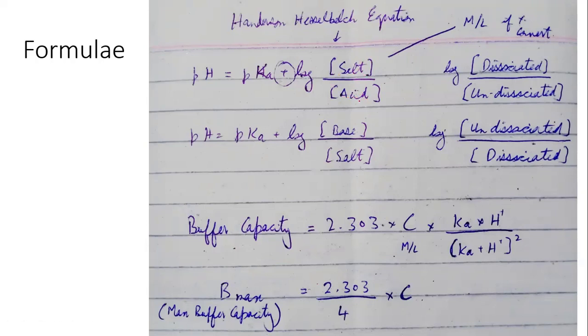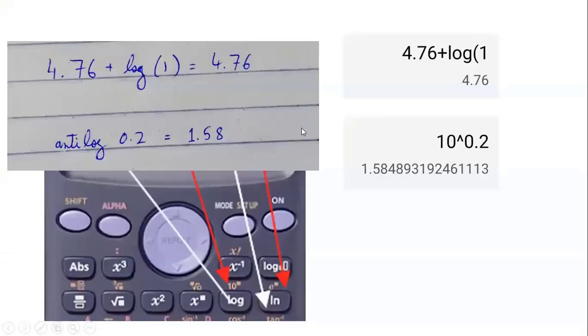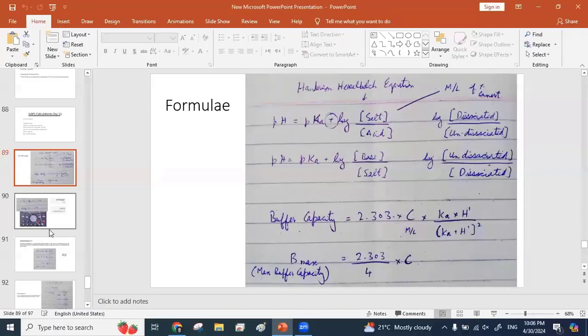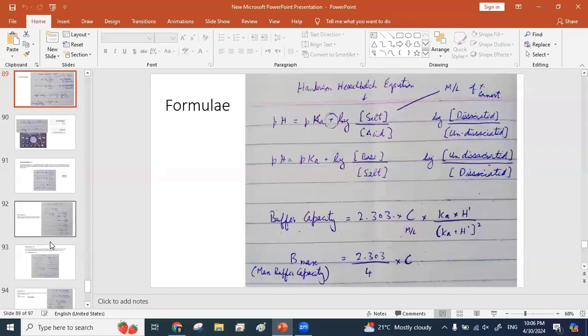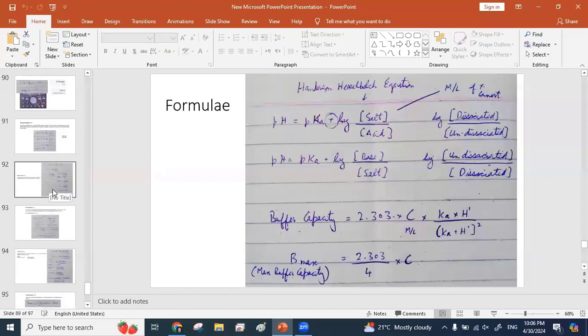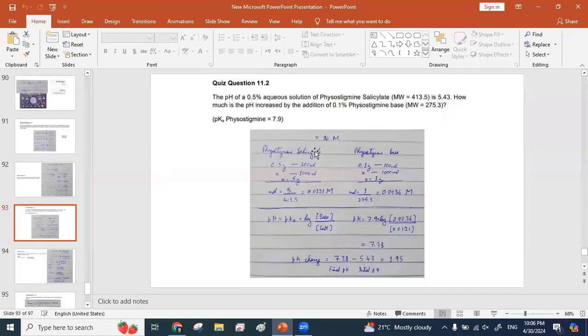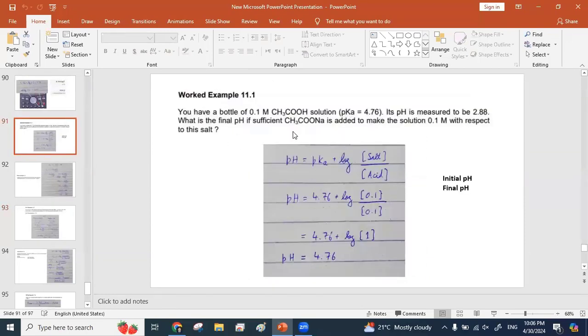Now the value of this salt and acid. Let me tell you what this salt and acid are. In these types of questions, there will always be two things given. Take a look. This CH3COOH is acetic acid. This is the acid, and the other thing is the salt of this acid, that is CH3COONa. This is salt and this is acid.